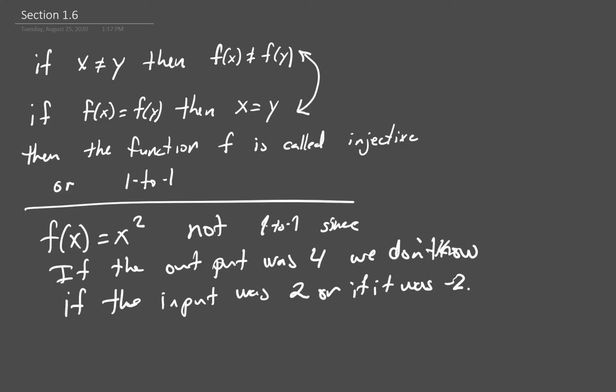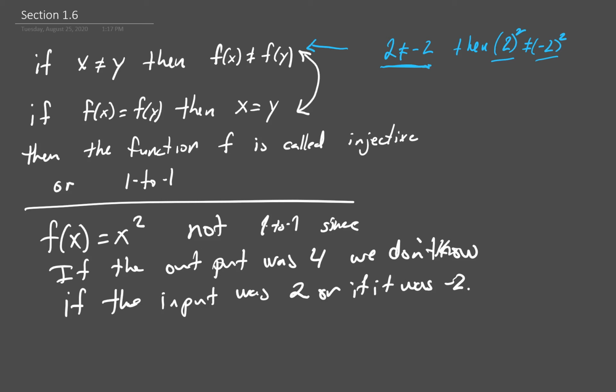So how does that work with these statements up here, right? It says that if x is not equal to y, so if 2 is not equal to -2, that's a true statement, right? Then 2 squared does not equal -2 squared. And that's a false statement. So this one breaks because 2 is not equal to -2, but 4 is equal to 4.